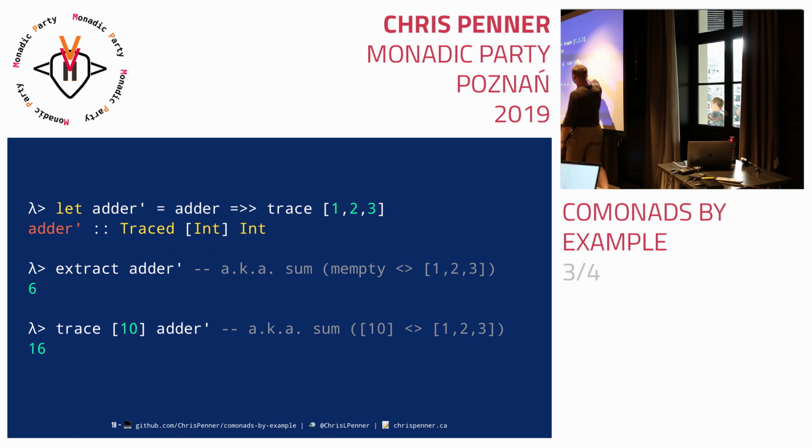So if we extend over our original adder, which has just the empty list as its identity element, we extend it through a trace. And remember, normally trace would just run the function and get a value out, but now we're extending. So it runs the function and gets a value out, but keeps it inside a larger function, okay? Which still accepts the monoid as an argument.